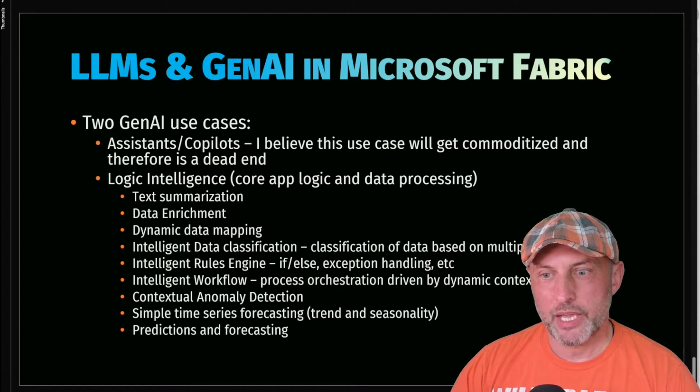Contextual anomaly detection, basically figuring out what's wrong based on a lot of dynamic parameters that happen in enterprise on a day-to-day basis. Simple time series forecasting. Yes, I've gotten LLMs to do time series forecasting with both trend and seasonality, just using the prompts. And finally, the topic of today's video, making predictions and forecasting.